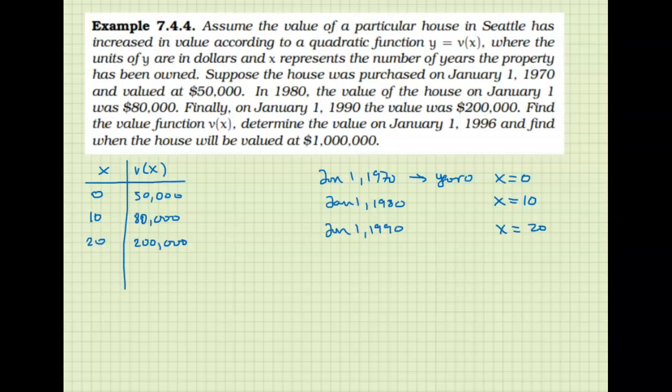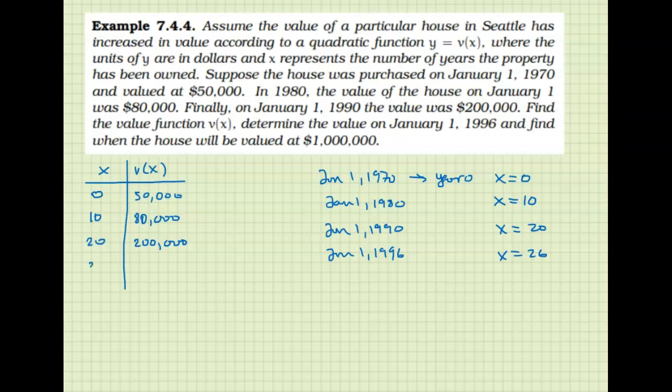Then find the value of the function on January 1st, 1996. That's x equals 26, so 26 years down the line. And then find when the house will be valued at 1 million.